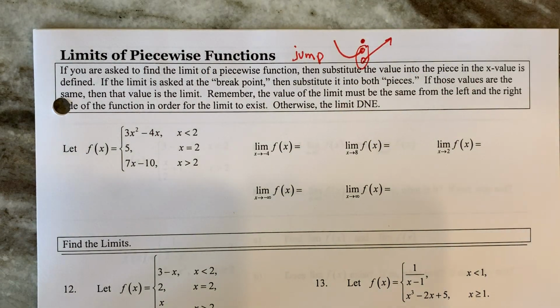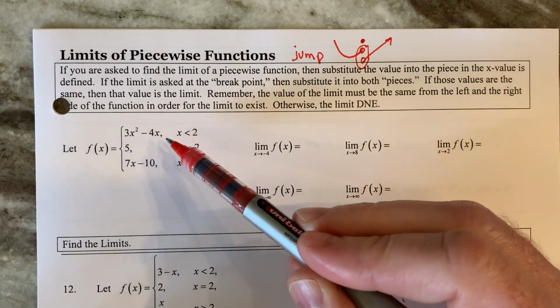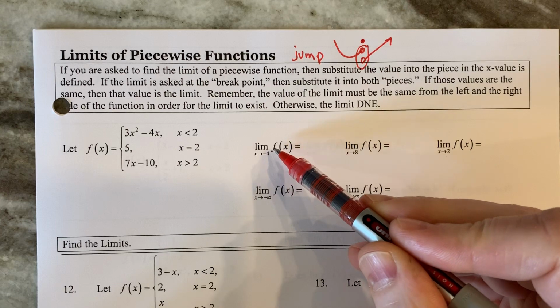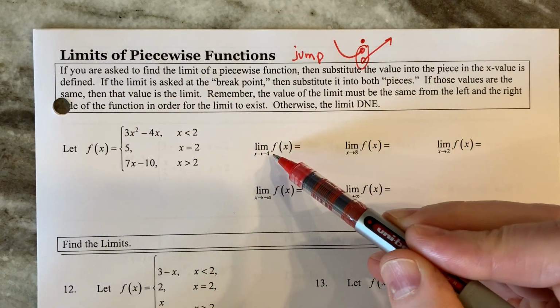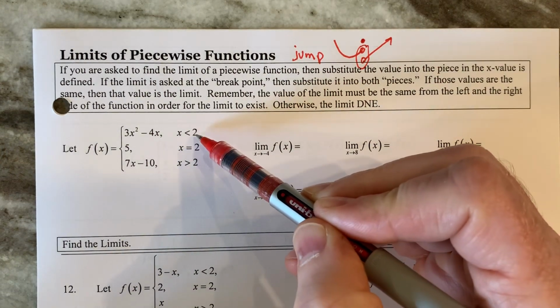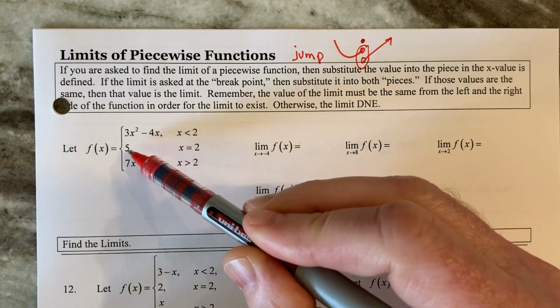And since I honestly don't want to graph, complete the square and graph the parabola, I don't want to do any of that. So what I'm going to do is say, all right, what do I know about these graphs? So right here, I asked you about the limit of this big piecewise function as I approach -4. Well, you know that -4 would be values less than 2. So -4 is not going to even exist in these two parts of the function.